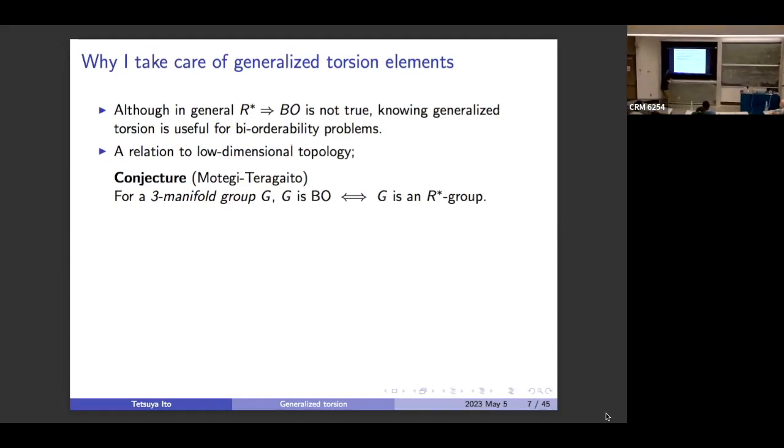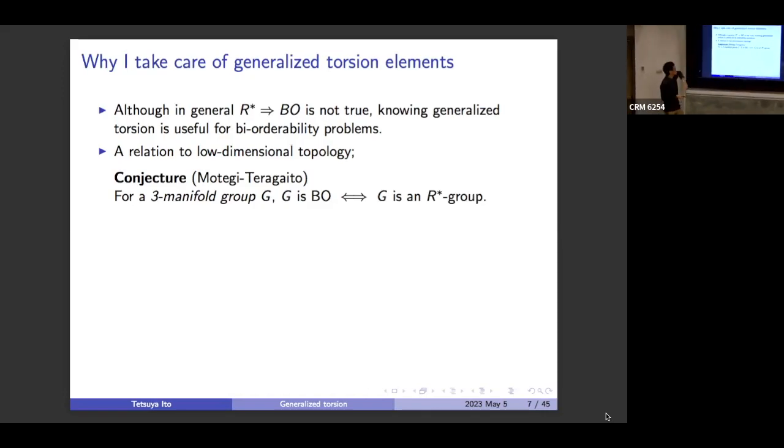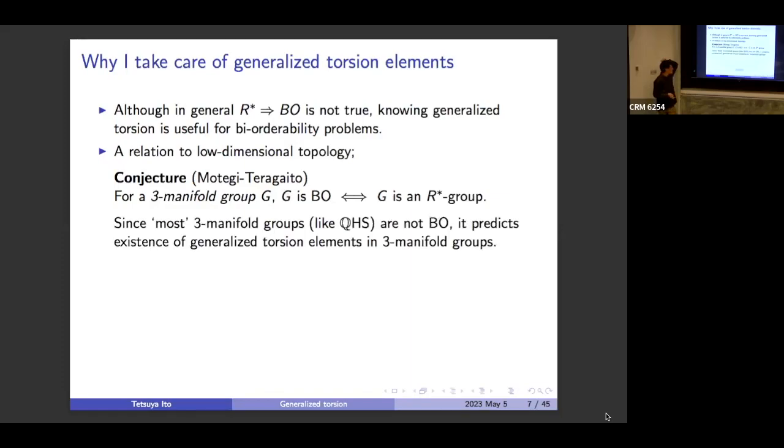As for the relation to low dimensional topology, there is an interesting conjecture due to Motegi and Tetsuya Ito. They conjecture that for three-manifold groups, bi-orderable is equal to R star, that means the non-existence of generalized torsion elements. Why is this interesting? Because most three-manifold groups are not bi-orderable.